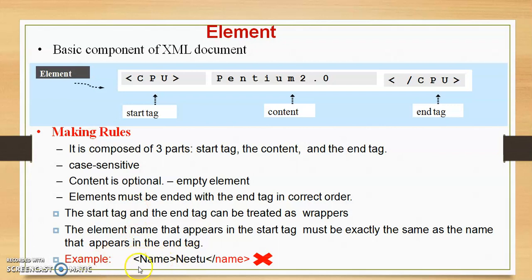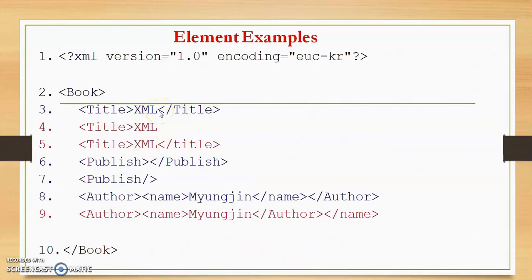See this example. It starts with the name in capital letters, followed by the content and the closing tag, but the closing tag is in small case. So it's a wrong statement. Here are some examples of element declarations. The fourth, fifth and ninth line statements are wrong, which are represented with the red mark in this XML document.